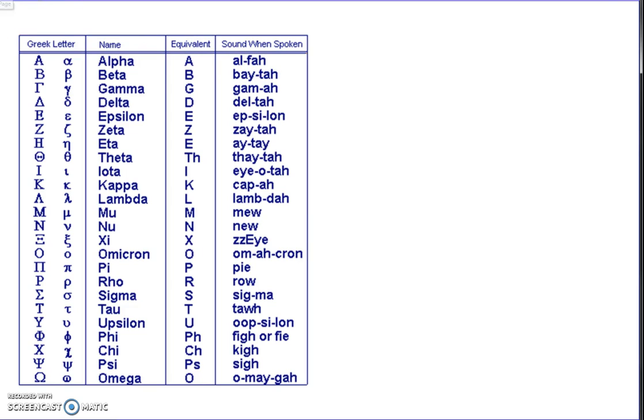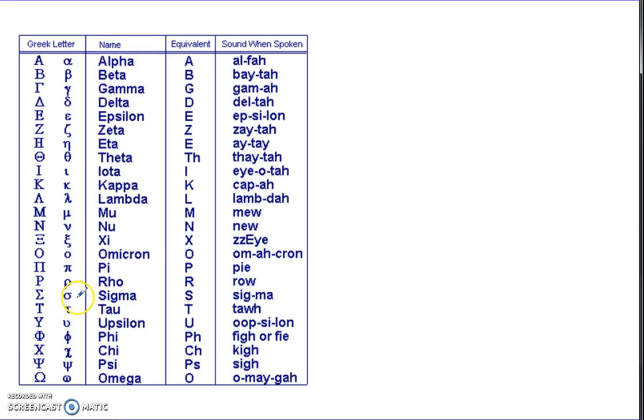The formula that we're looking at has the lowercase mu. Uppercase mu looks just like our M. Lowercase mu kind of looks like a U with a tail on the front. It also uses the Greek letter sigma.